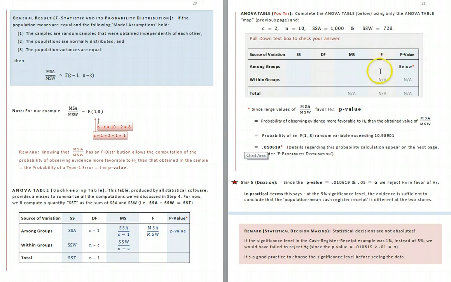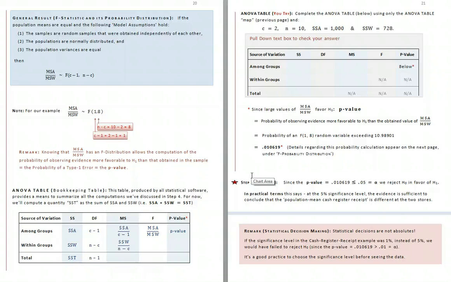If you make the computation of what that probability is, and we'll talk about the details of making that computation on the next page, the probability you obtain is around 1%, 0.010619.